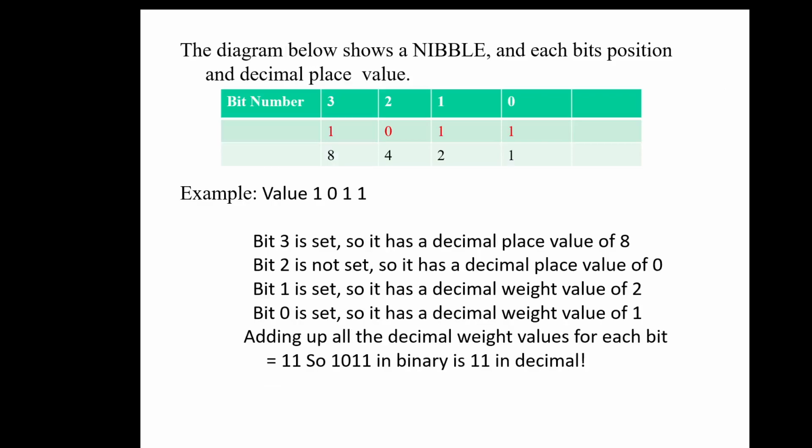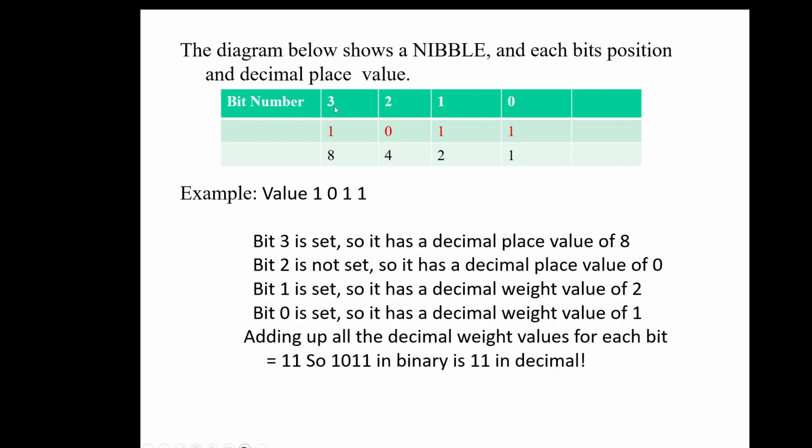In this diagram, for example, we have a nibble which represents a quantity of 1011 in binary. We usually count the bits from right to left, bit 0 being the least significant bit, and bit 3 being the most significant bit. We say it's the most significant bit because it has the highest place value.